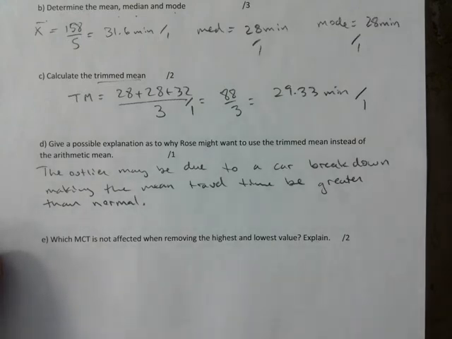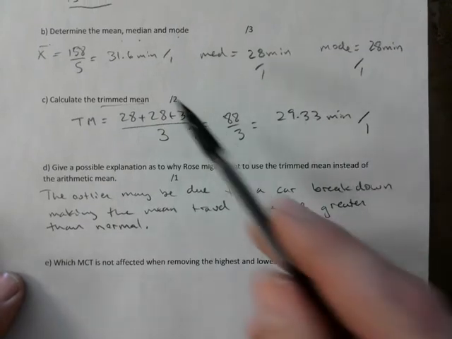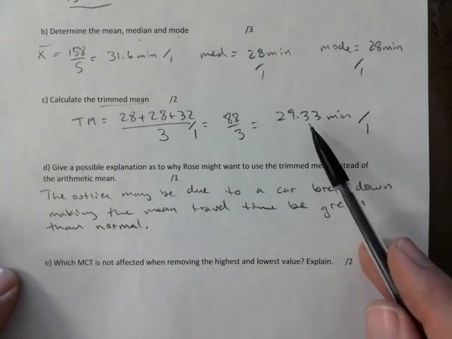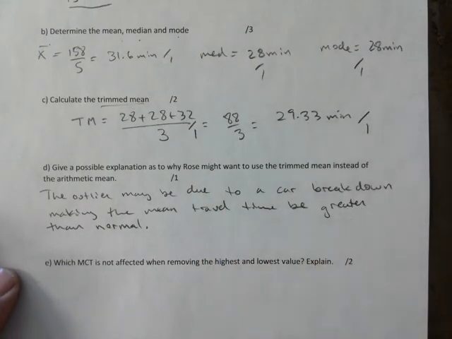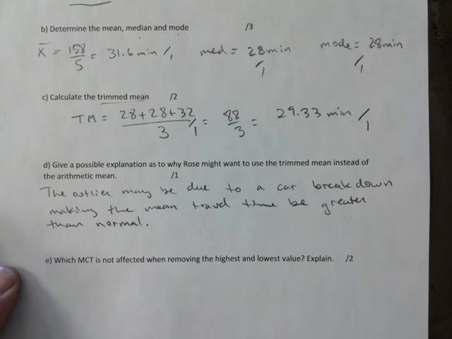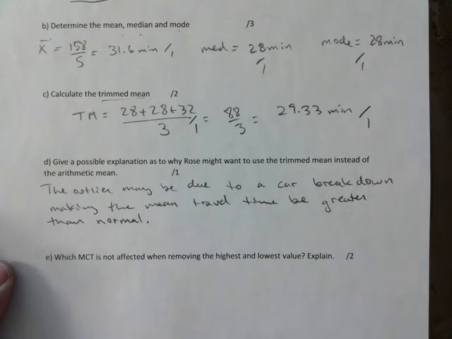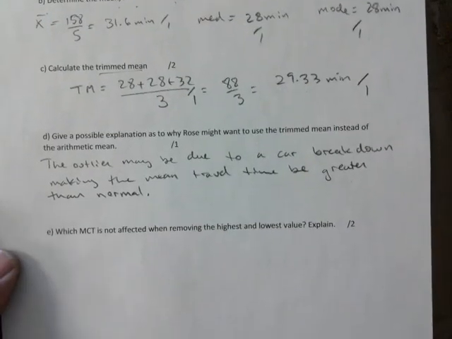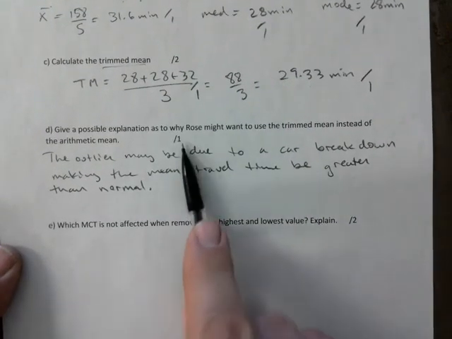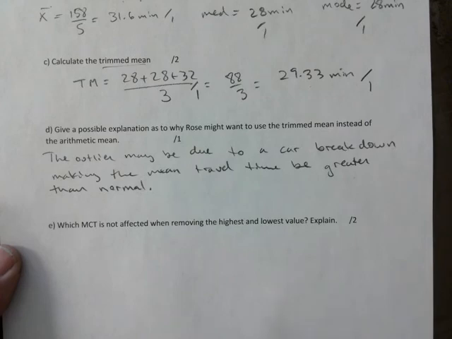We're talking not even 2 minutes difference, so it's not a big deal, but if you want to prepare to go to work and be on time, you probably want the trimmed mean that's more accurate. Give yourselves a mark if you refer to the difference between the two and the fact that removing the outlier gives a more accurate picture.